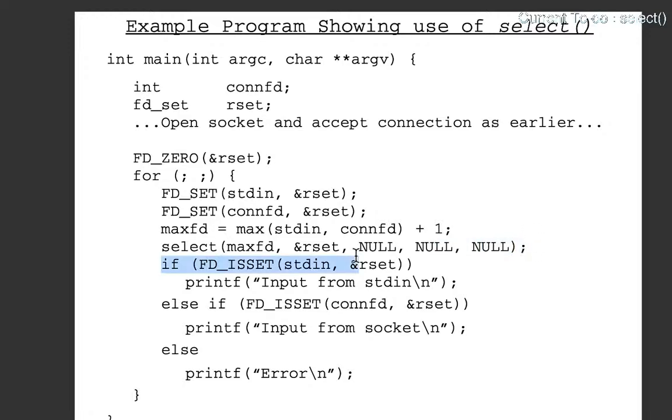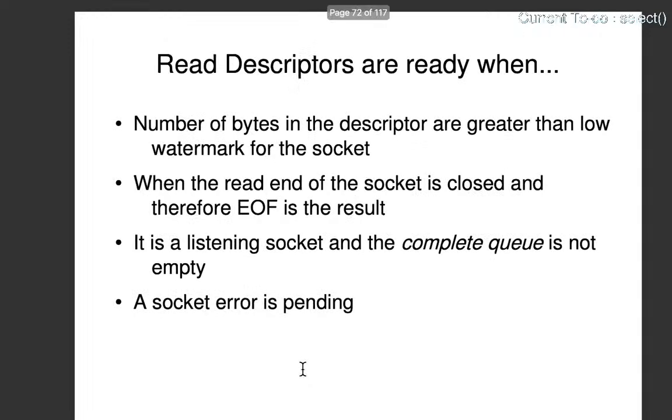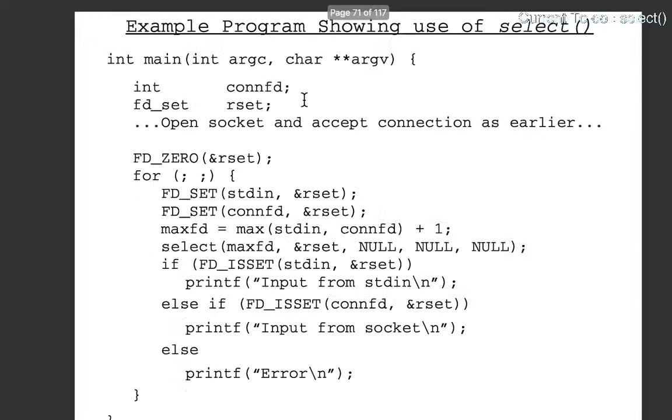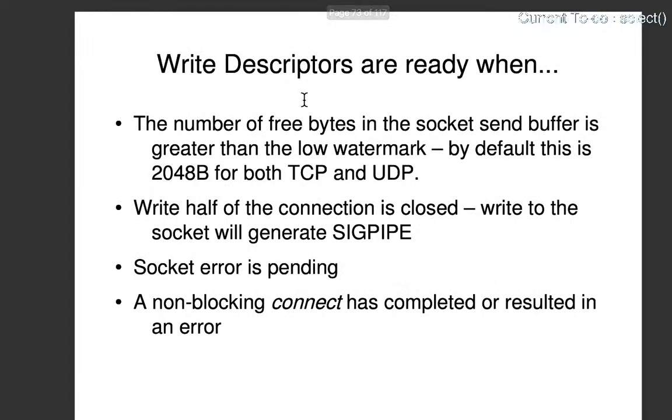It will block indefinitely if none of the file descriptors in rset is ready. After it returns, if FD_ISSET on stdin, read input from stdin, else if connfd is set, read from the socket, else print an error. So these are the conditions for when read descriptors or write descriptors are ready.